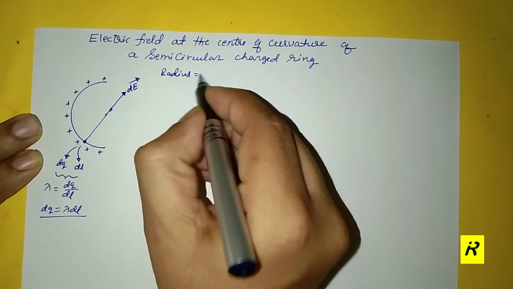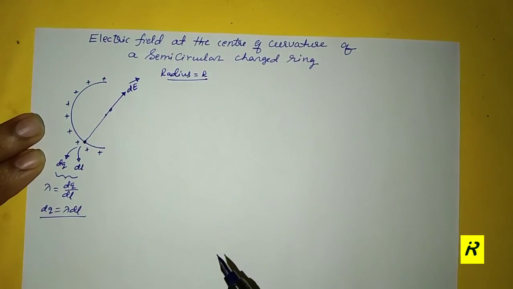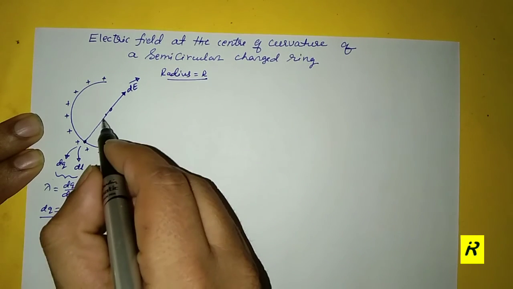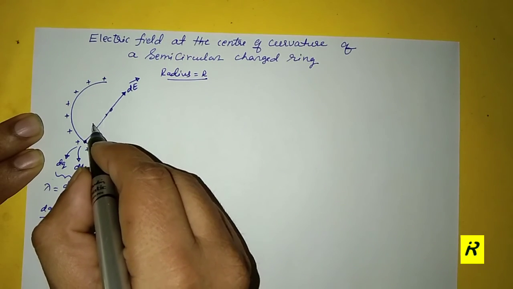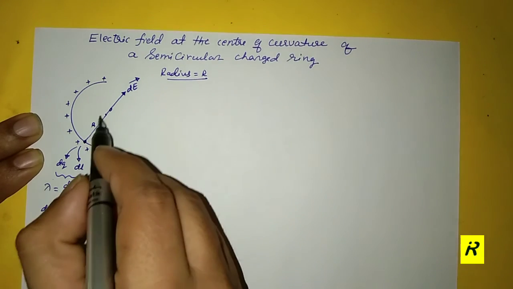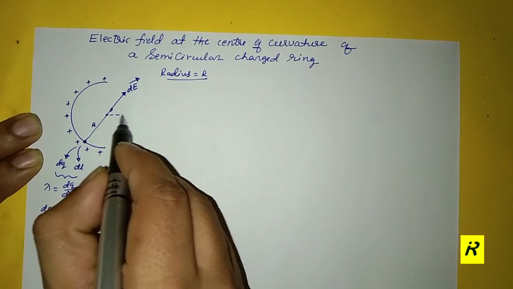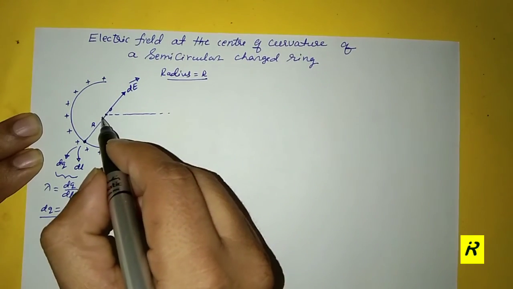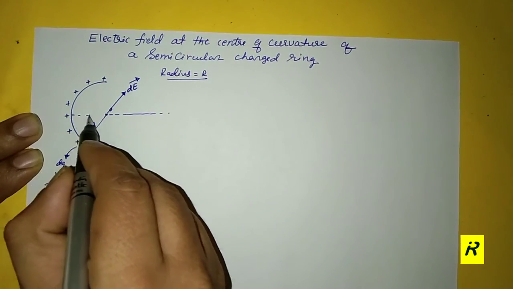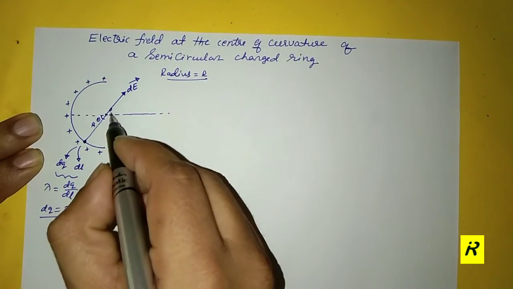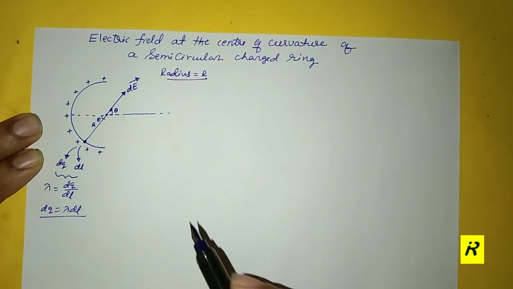So radius of the semicircle is r. If that is the case, then from this point to this point, the distance is r. Okay, and here comes the horizontal, and this makes some angle with the horizontal, say it is theta. The same angle appears on this side also, this is also theta.